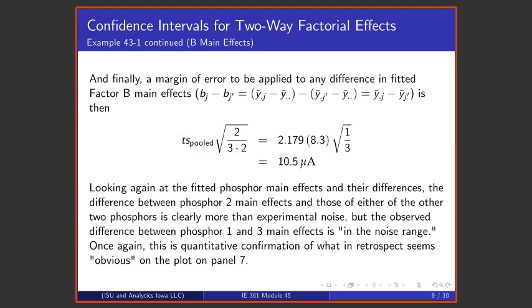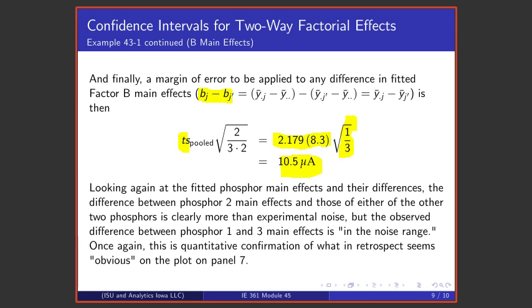If one wanted to compare B main effects, any difference in fitted B main effects is going to have a standard error multiplied by a t-value, a margin of error, that is t-value times pooled S times the square root of 2 over 3, which is the cell sample size, times the number of rows. It's going to be about 10.25.